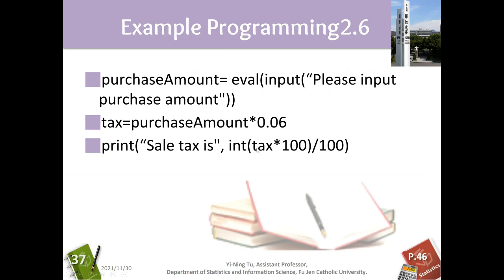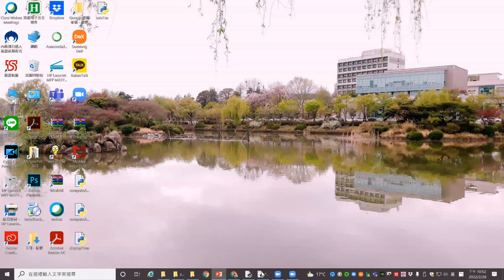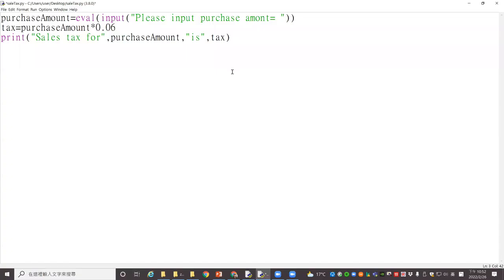Because when it's times 100, then we will get the int value, then divide by 100, because we don't really want it 100 times. We want to have the original value, so we have to divide it by 100. So I want to let you know what the differences are when we do those kinds of things. Yeah, we want to make it times 100 and take the int, then divide by 100.